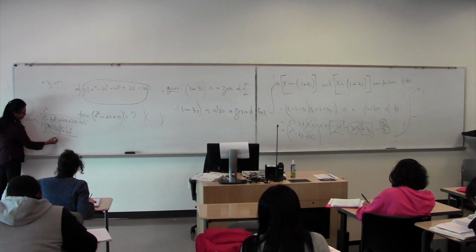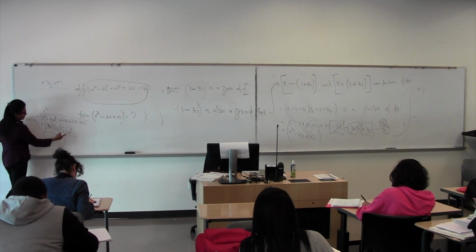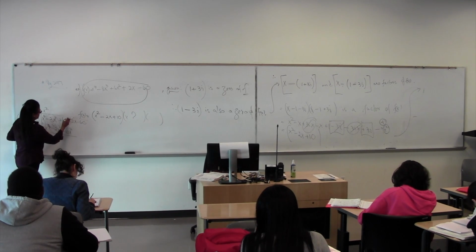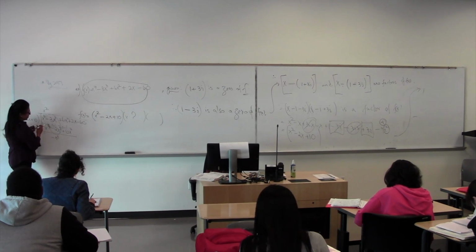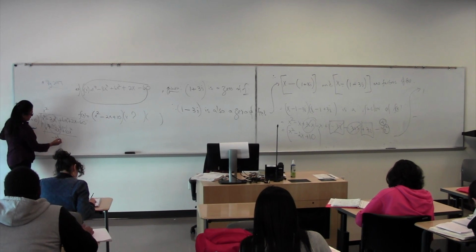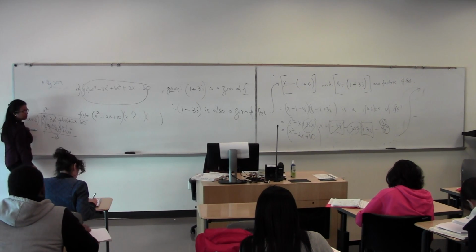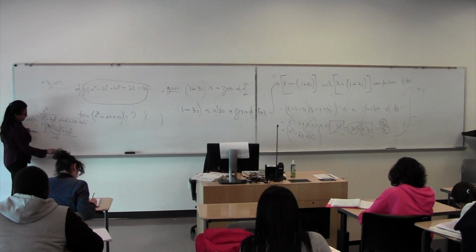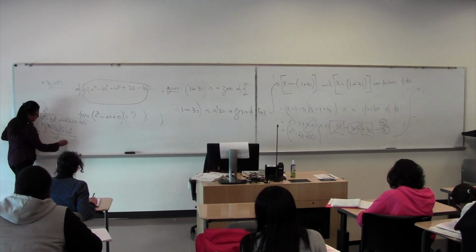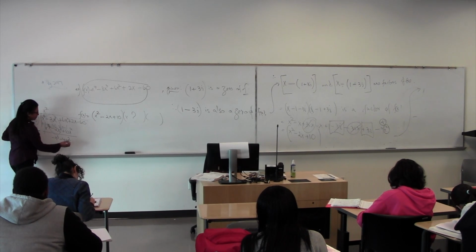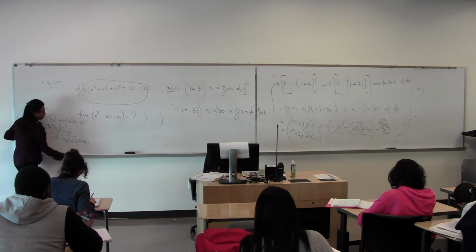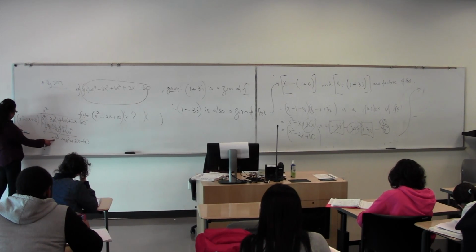Negative x cubed. Combine these two, what is it? We can't combine like terms. Combine these two, what do you get? Negative 4x squared. We get negative 4x squared plus 2x minus 60. Now we need to get rid of this.